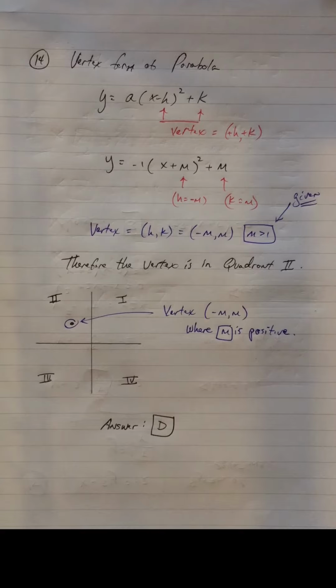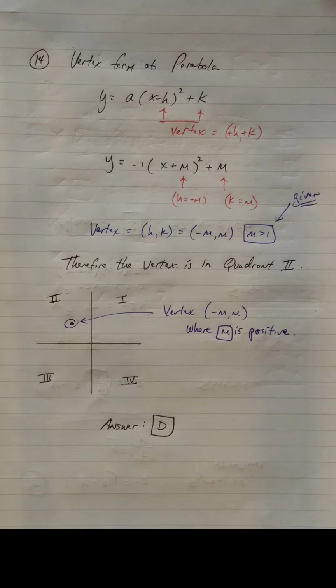That means that h equals -m and k equals m. We're also given that m is a positive number, m is greater than 1. So we then know that the vertex (h, k) is at the location on the graph of (-m, m). Since that's a positive m, the location of the vertex is in quadrant 2.